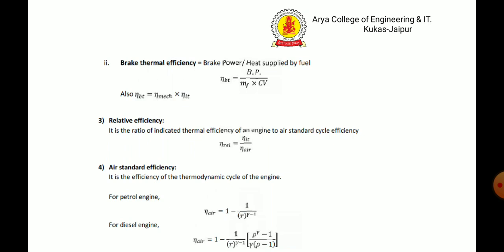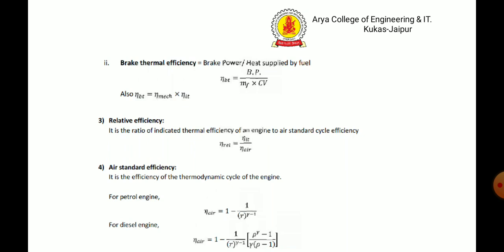For a petrol engine, it is given by eta air equals 1 minus 1 upon R to the power gamma minus 1, where R is known as the compression ratio and gamma is a constant equal to Cp upon Cv, and Cp minus Cv equals R is the Mayer relation. So the value of gamma is 1.4.